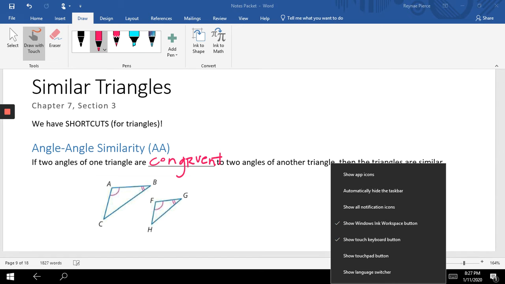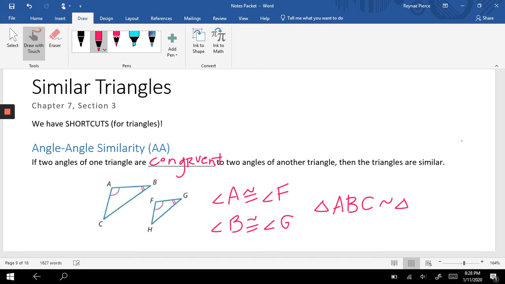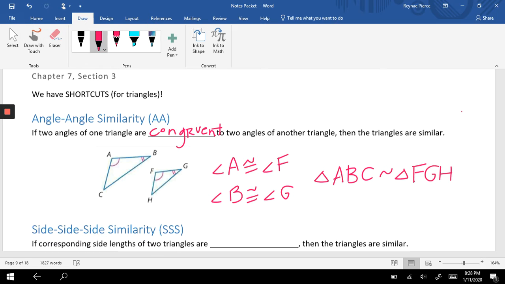Without knowing anything about sides, if I know that two pairs of angles, so in this case, angle A and angle F are congruent, and angle B and angle G are congruent, then I know that my triangles are similar. Okay, so that's one of our shortcuts.